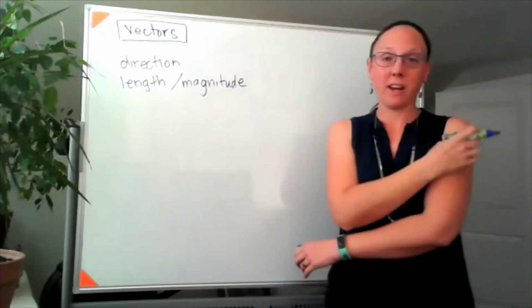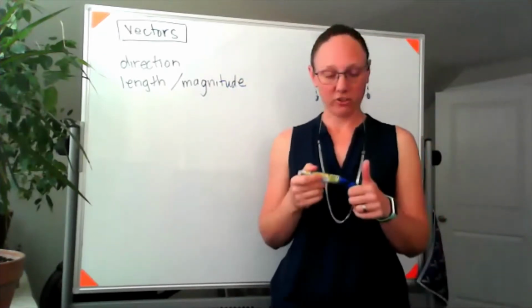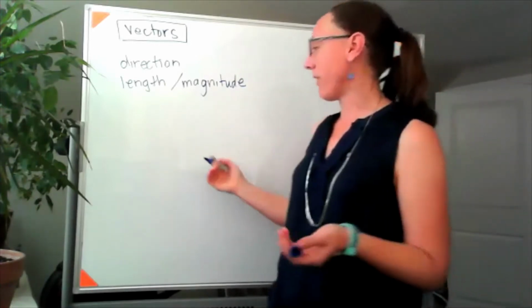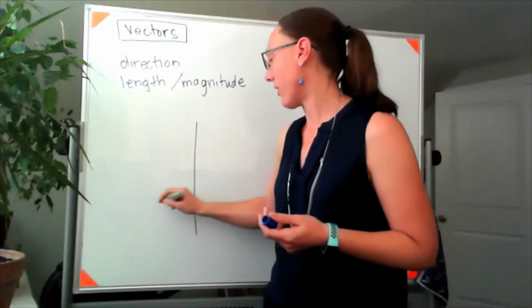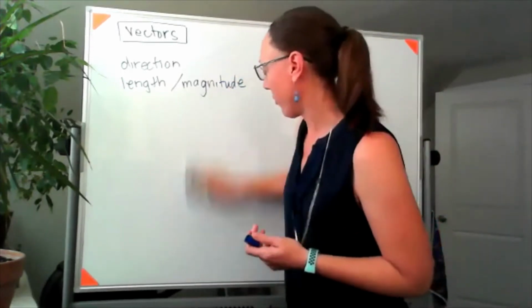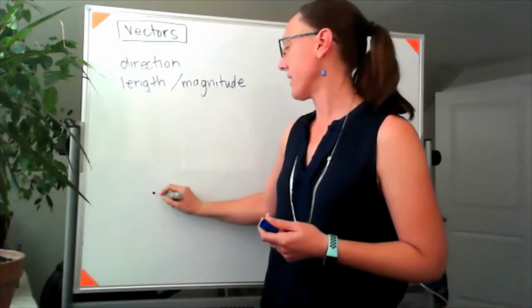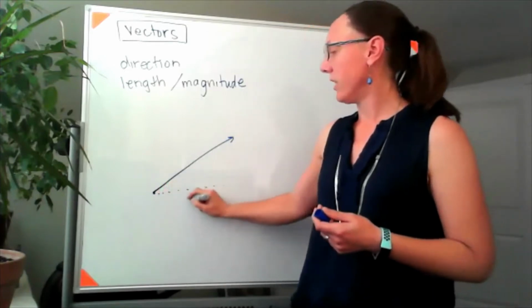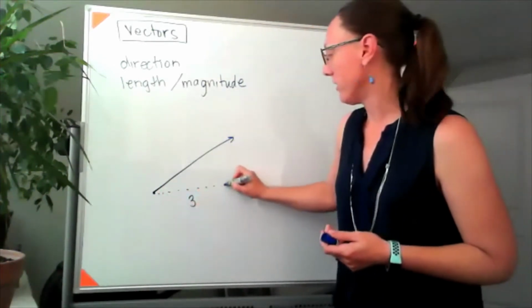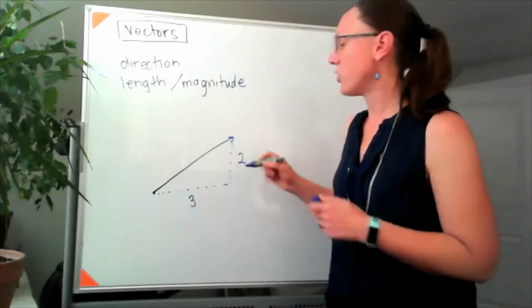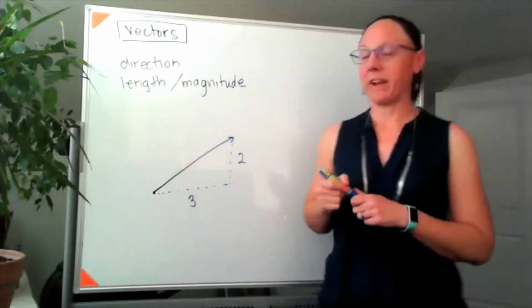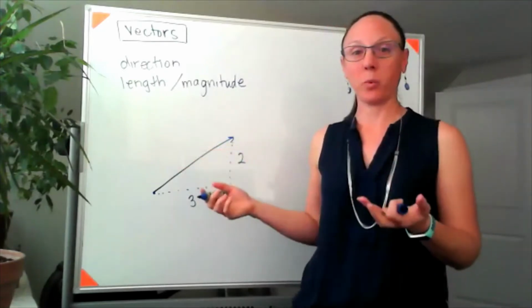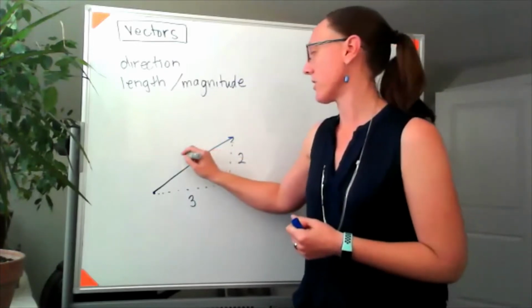In general, when we write a vector or when we draw a vector as an arrow, say an arrow that moved over 3 in the x direction and up 2, one notation for that vector is to give it a letter, and typically we use lowercase letters for vectors.